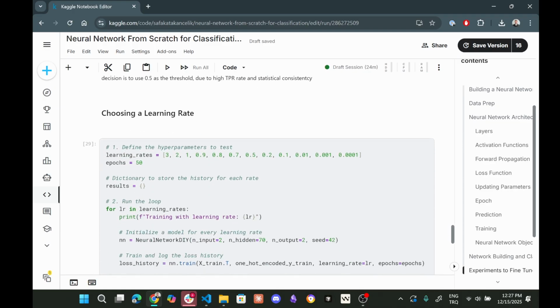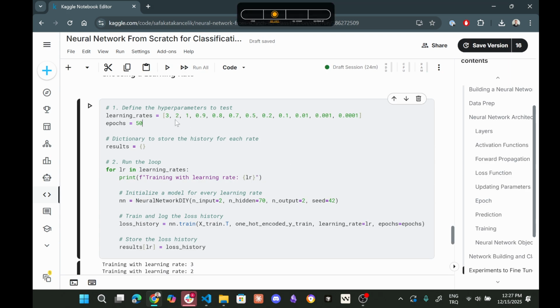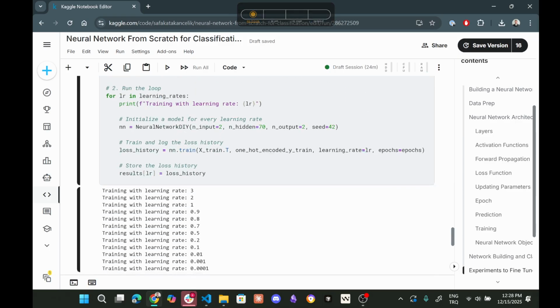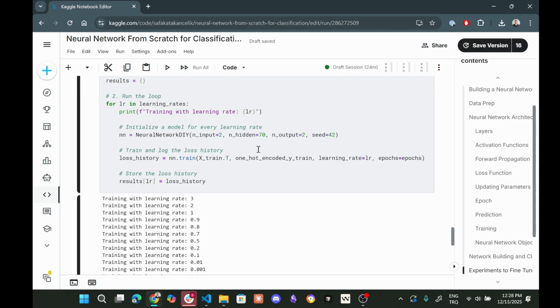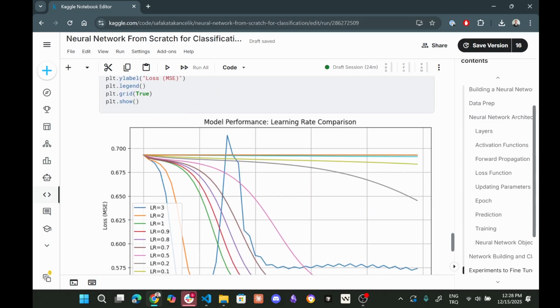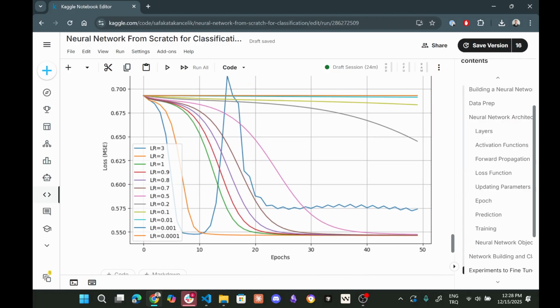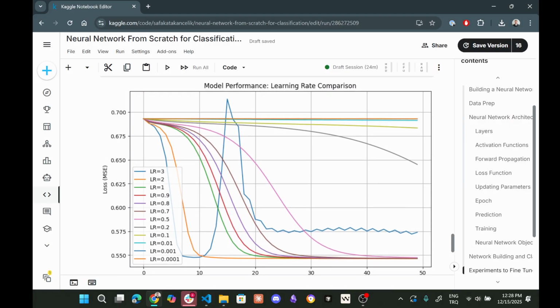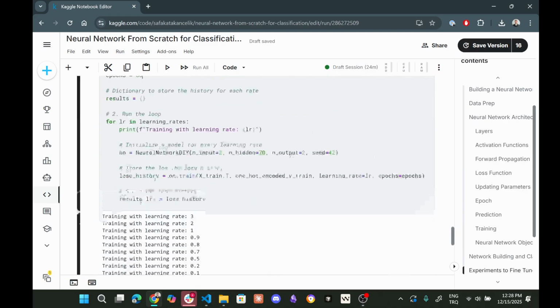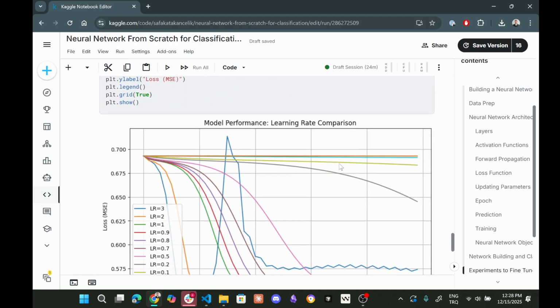And choosing the learning rates, I tested a lot of different learning rates. This is an interesting part, because when I plotted these different models with the different learning rates, of course this can be done in many different ways, we're just scratching the surface over here. But yeah, this is the one visual I have.